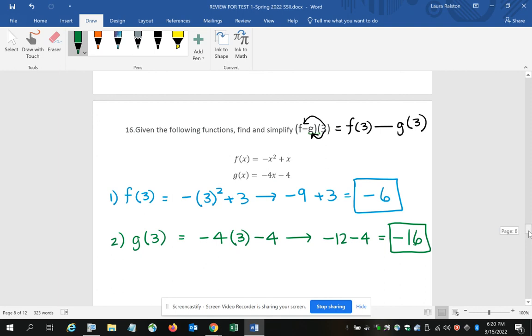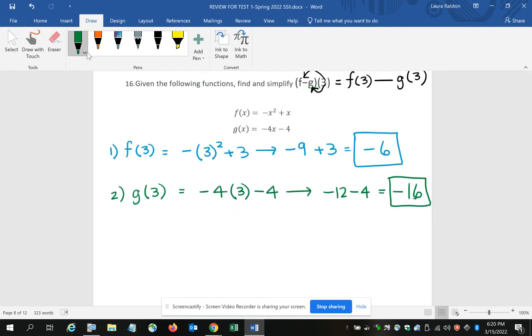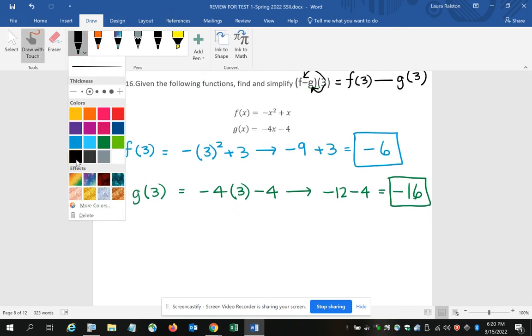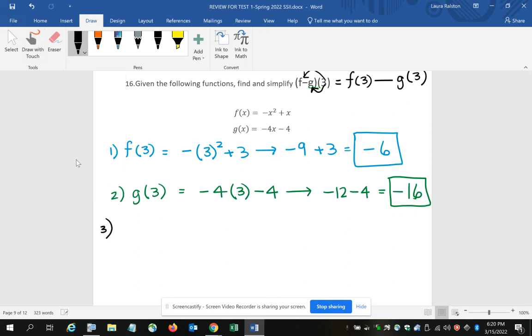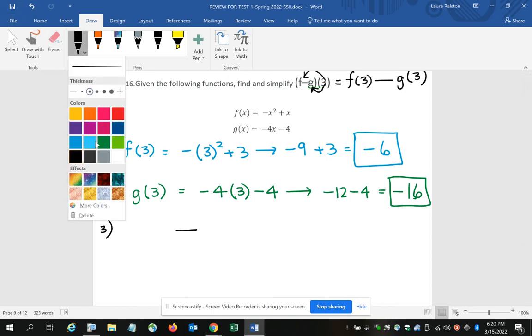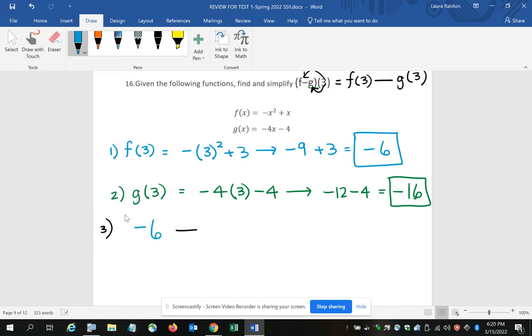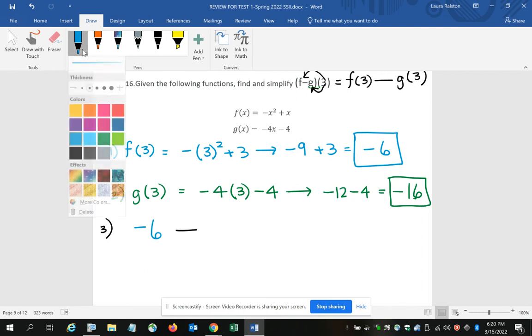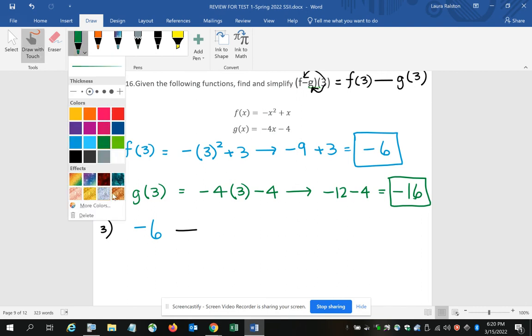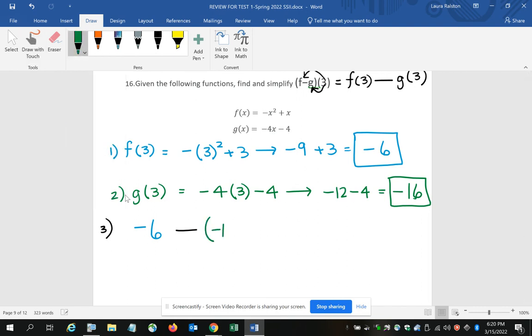I then do the third step where I need to subtract those two answers. So step 3, I would have f at 3, which is the negative 6. So I have negative 6 minus g at 3, which is negative 16.